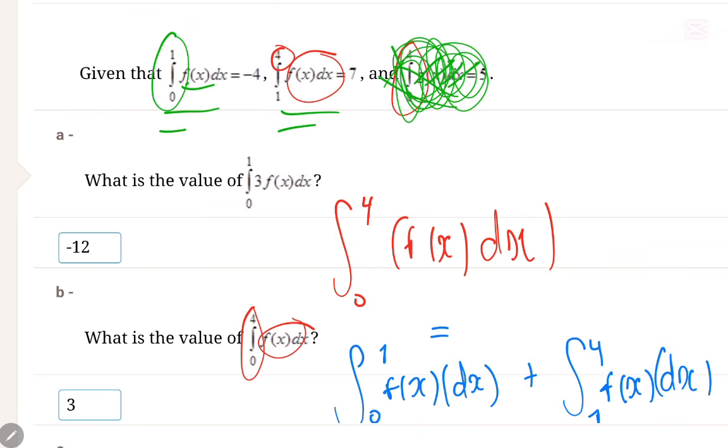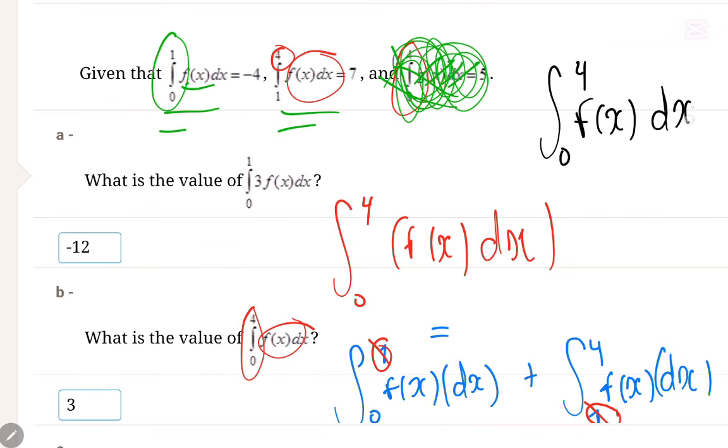What I know is that if I have my numbers being on opposite sides of the limit, right? So here it's the maximum limit, here it's the minimum limit, right? Here it's my boundaries, different sides. I can do what? I can cancel them out. So now I'll combine my integration, and what will I be left with? I'll be left with integration from 0 to 4 of fx dx. Okay, just like that. Perfect.